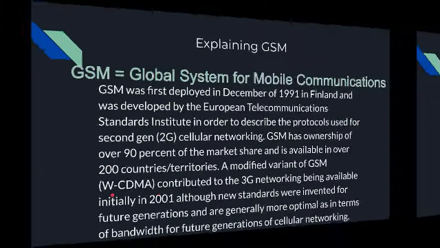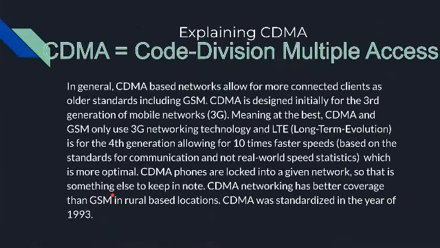Our next topic is going to be to explain CDMA. CDMA equals Code Division Multiple Access. In general, CDMA-based networks allow for more connected clients than older standards, including GSM.